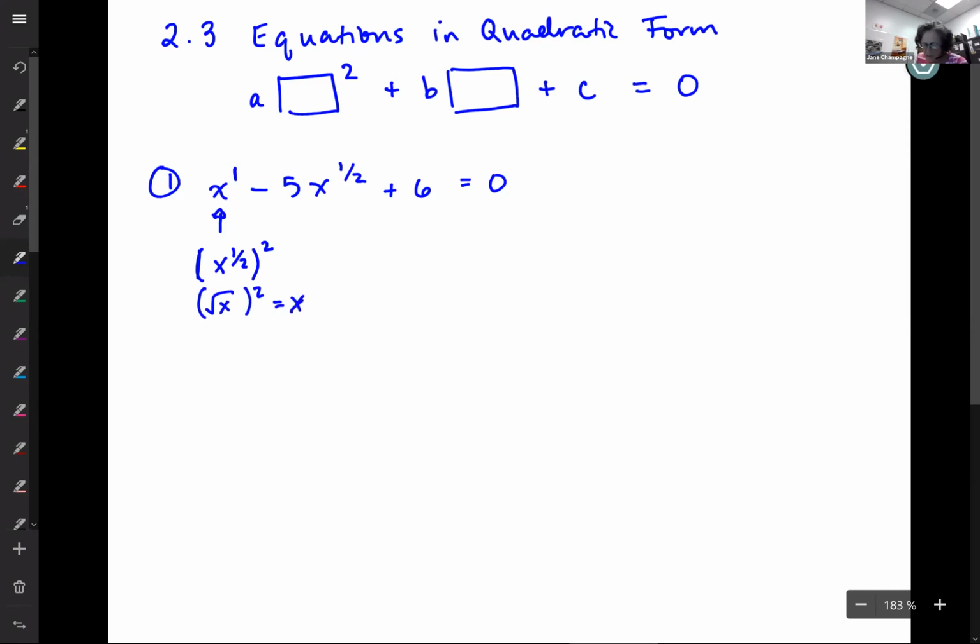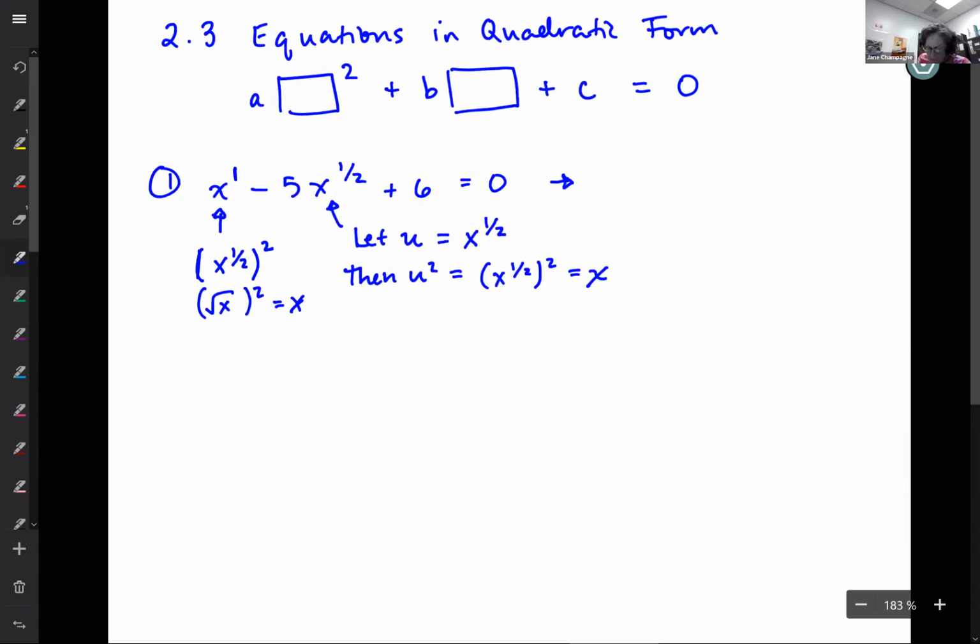So what we can do is we can substitute another letter, and we usually use the letter u for that middle term, x to the 1/2, because then u squared is going to be x to the 1/2 squared, or x. So then this whole equation can be written in terms of u and u squared.